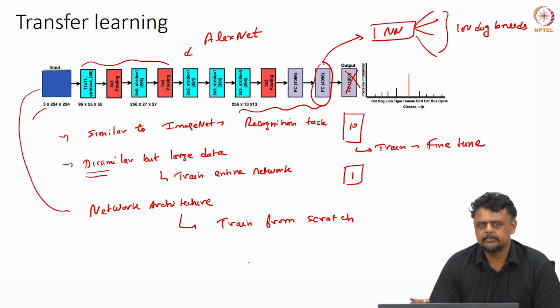Then you can use networks trained on ImageNet directly in such applications. Okay. When you move across applications, then you will be careful about how you are going to accomplish transfer learning.